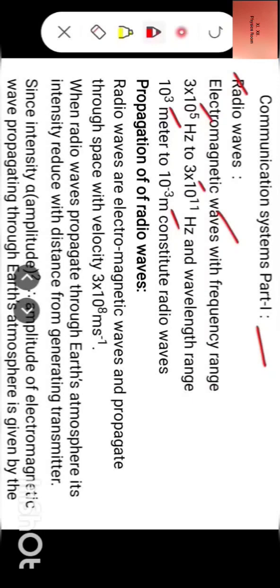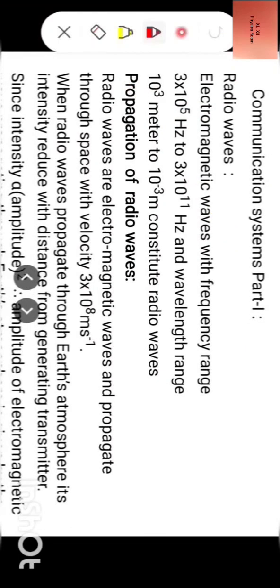Now, propagation of radio waves. Now we take up part by part. So first we take up communication systems part 1, radio waves. What are radio waves? Let us define.